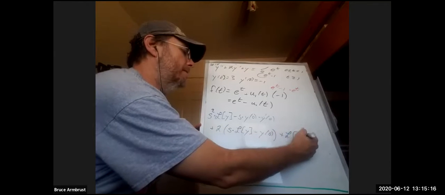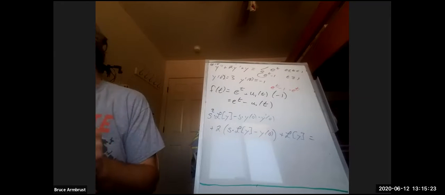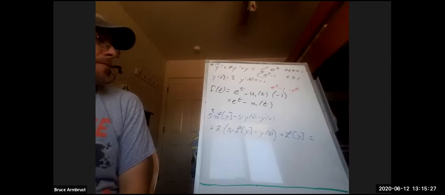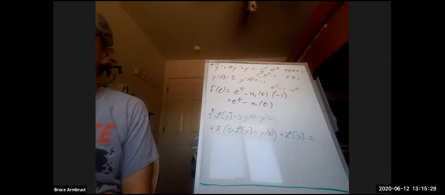And then we add on the Laplace transform of y. So that's what we're going to get from the left-hand side when we take the Laplace transform. All right, so far so good.